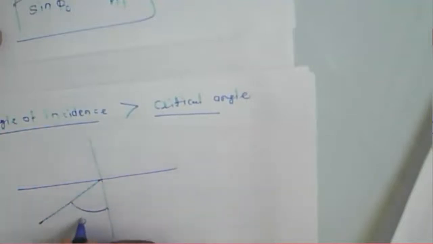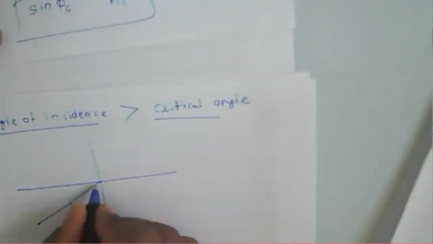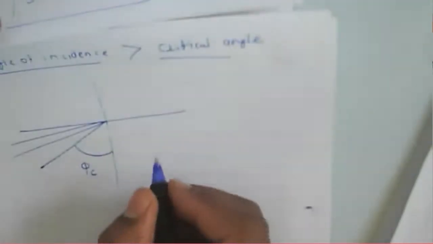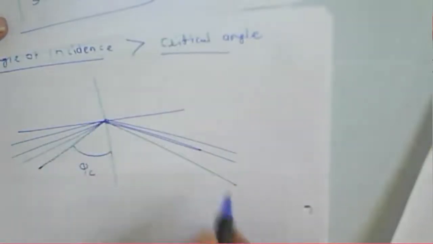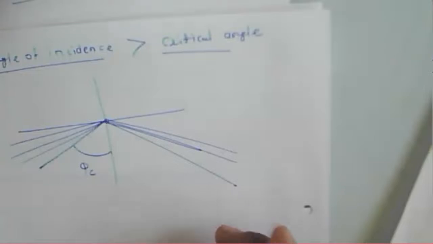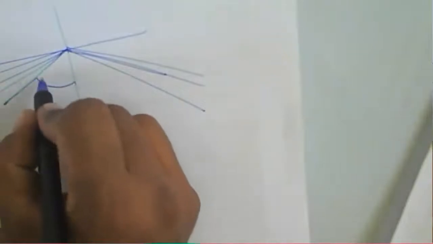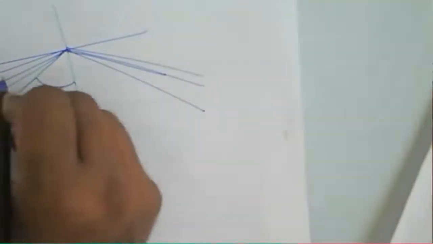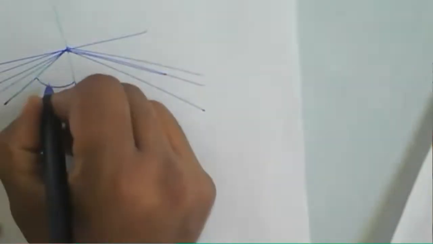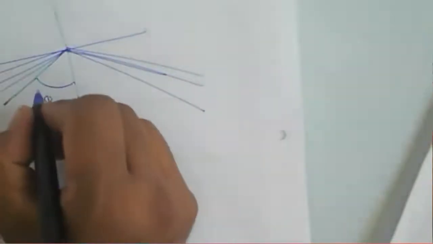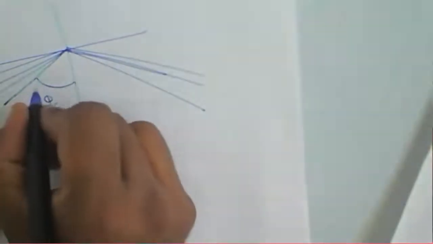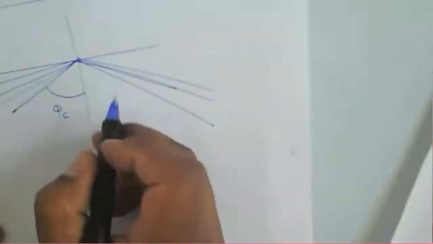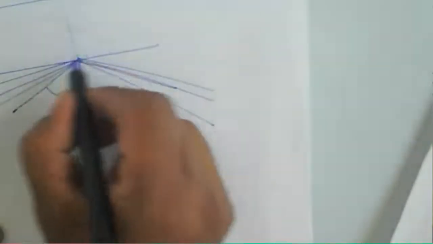If it is beyond this critical angle, the signal will be reflected back. So when will it occur? When the rays propagating through the medium have an incidence angle greater than the critical angle, the signal will be reflected back.